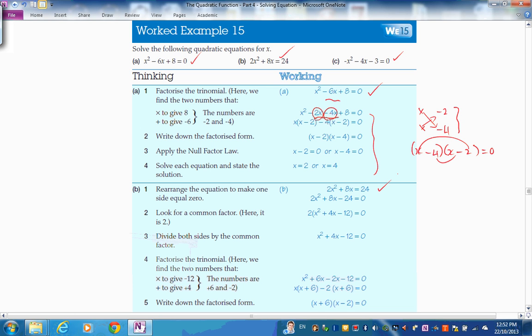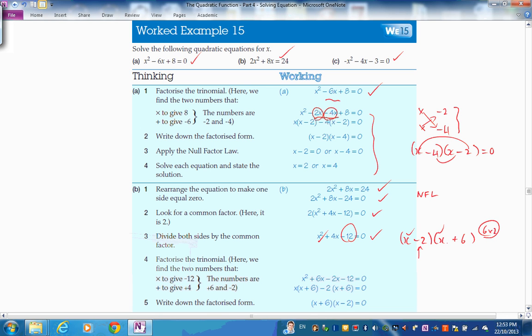Take the next one, all terms to the left. Always have 0 on the right, so we can use the Null Factor Law. Divide both sides by 2, and we get this. Now, I think you should try the bracket now. At this stage, x by x is x squared. That gives that a tick. 12 is 6 and 2, or 3 and 4, but 6 and 2 give 4. So what are we going to put in here? Plus 6 and take 2.